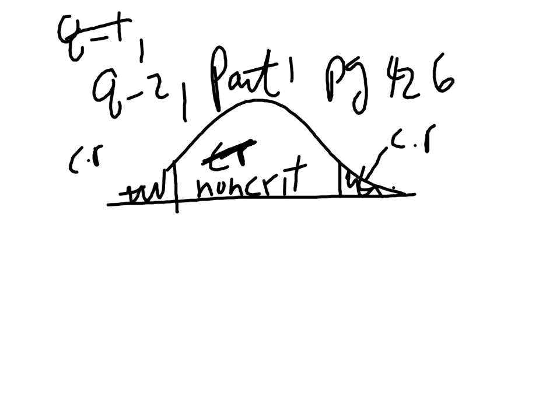And each of those critical regions would be set off with a positive and negative z-value, in fact, for a two-tailed test.